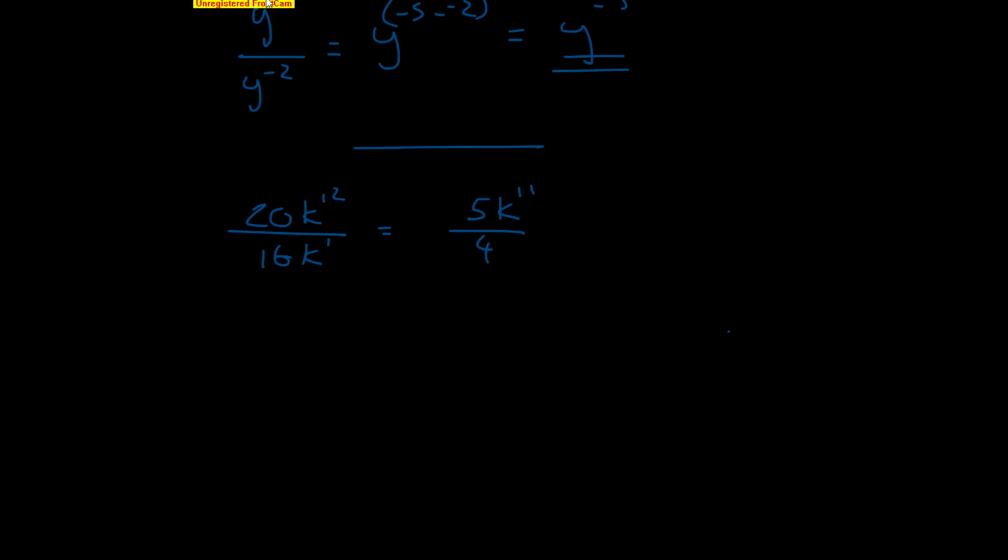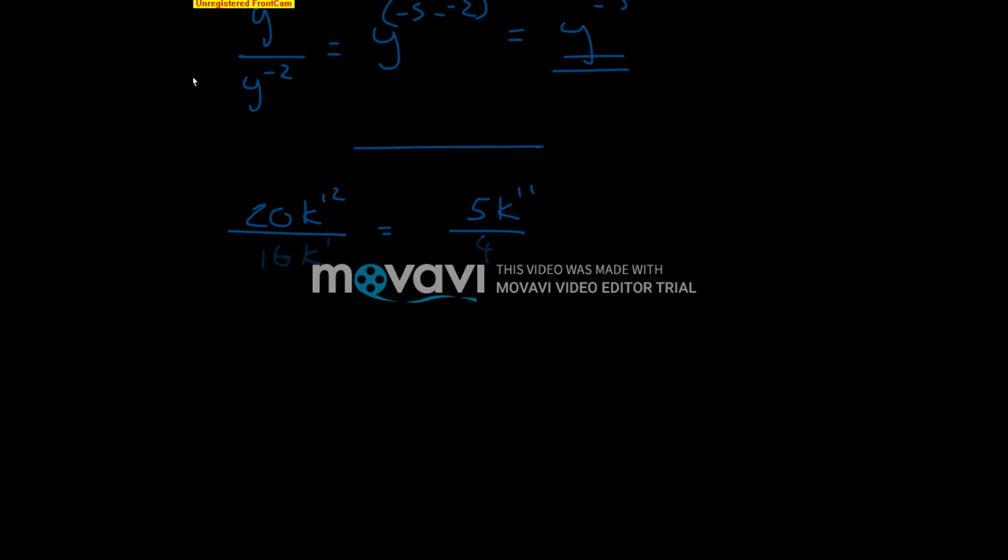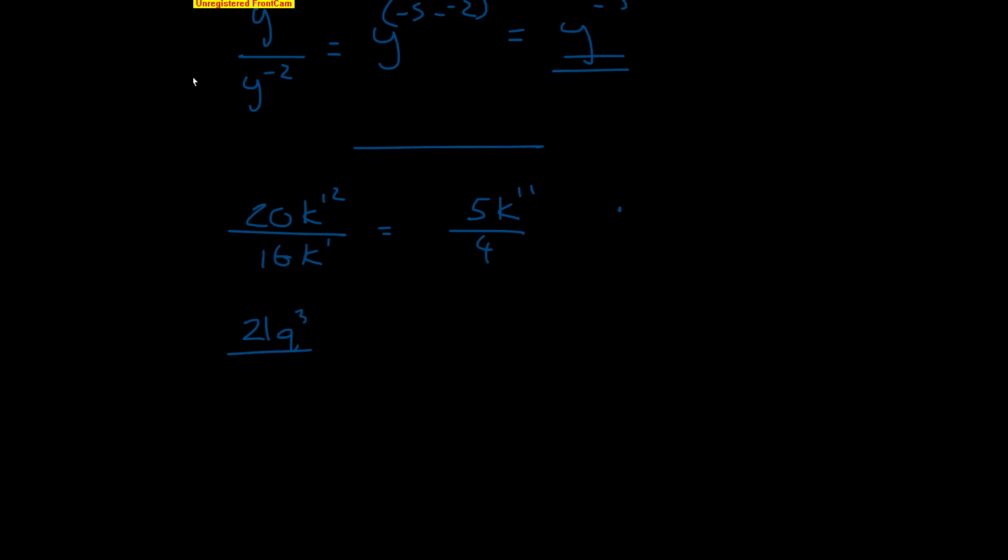Right, let's do another one. This one looked good. So we've got 21q^3 divided by 14q^-2. So again, let's do our q's first.